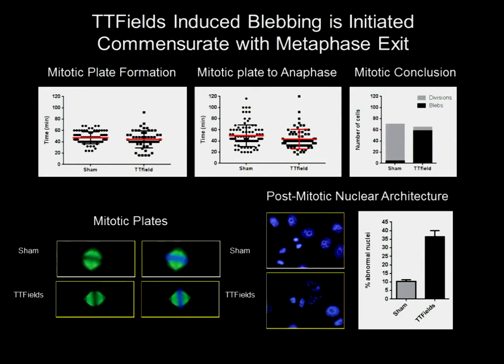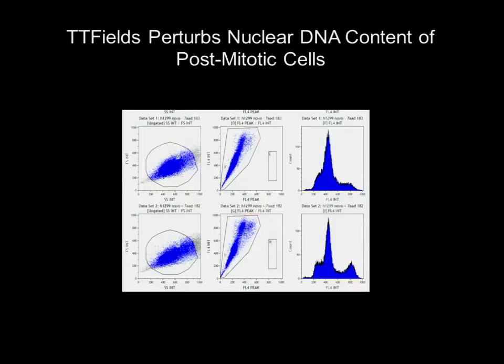The time intervals are the same. We see no problems pre-anaphase with the formation of mitotic spindles, but after anaphase, we see all these disrupted cells. So this clearly showed that these cells were initiating this blebbing at the metaphase to anaphase transition.